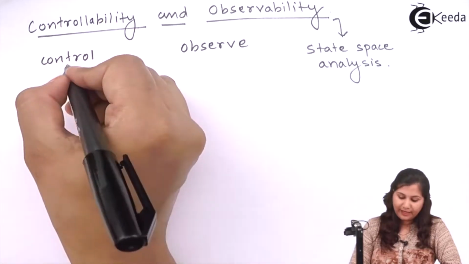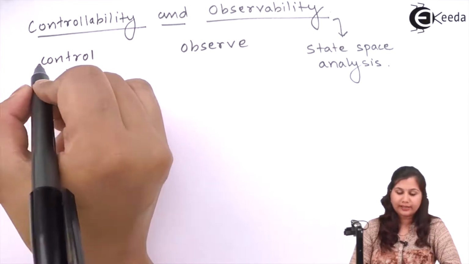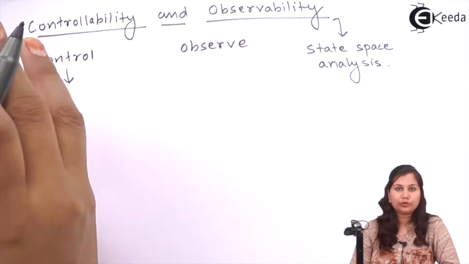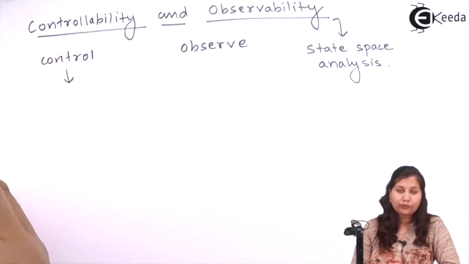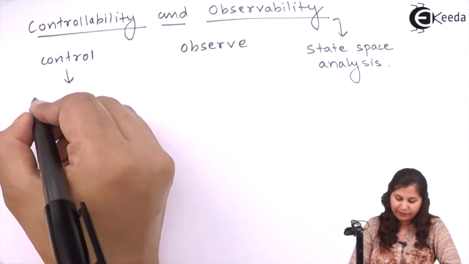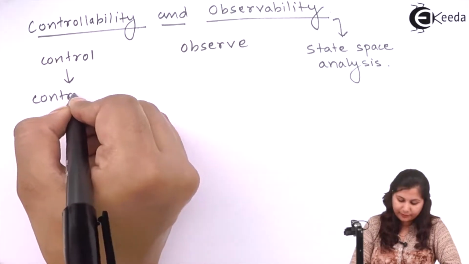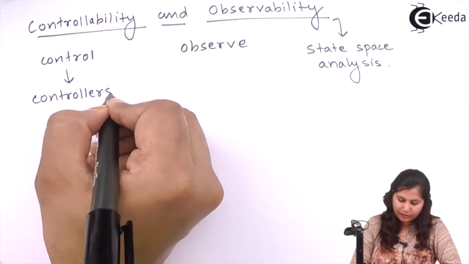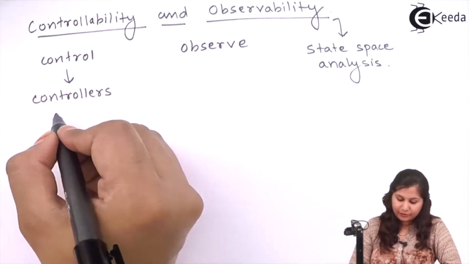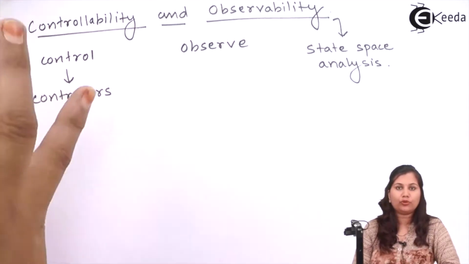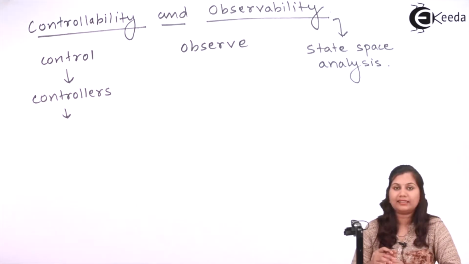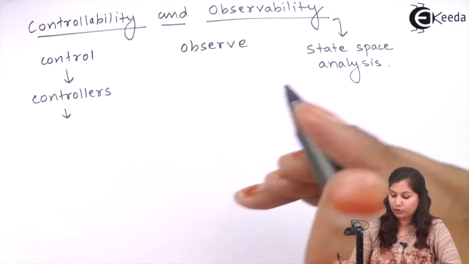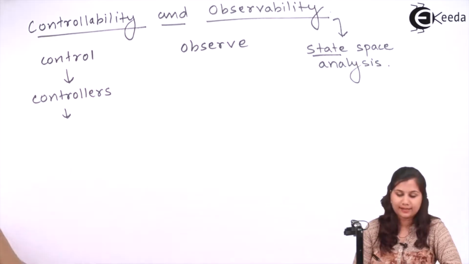So the control engineer must be able to control any system. For controlling, the engineers have developed the controllers, and these controllers should have control over the system. It means that they can control the states of the system.